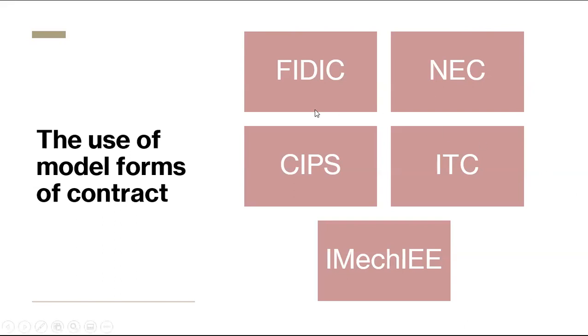For example, we know that FIDIC and NEC are often used in construction, in civil engineering, in construction of civil buildings. And we also have IEE. This is a set of modern form contracts for the installation of mechanical plant.